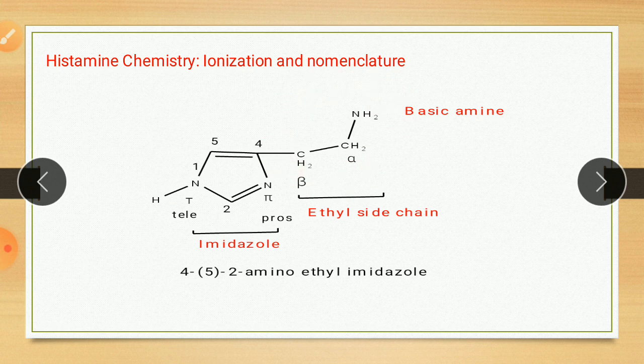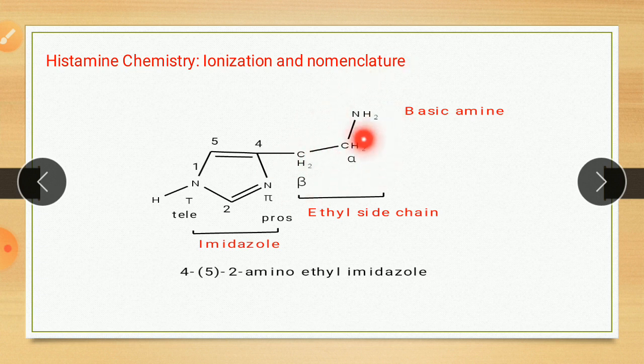The ethylene group of the aminoethyl side chain is designated as alpha and beta. So the methylene group, this CH2, this CH2 of the aminoethyl side chain, is designated as alpha, and this is beta carbon.